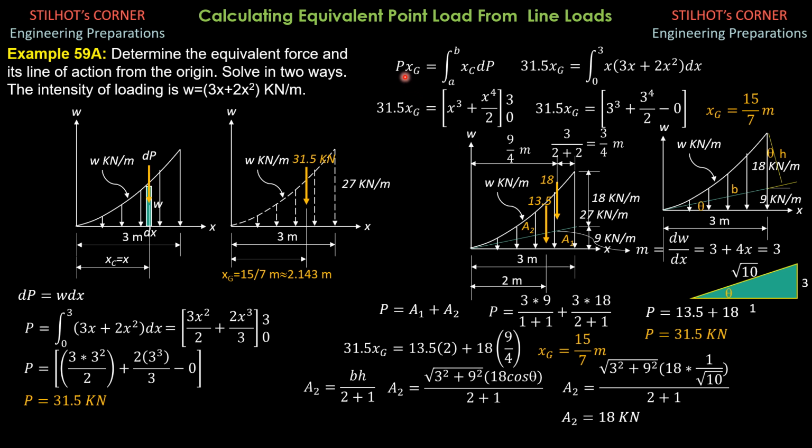So the moment of the resultant, let us say P, and its distance from the origin is x̄, that's the moment of the resultant force, is equal to the sum of the moments of its components. Then the sum is replaced by this elongated S, the integral sign.